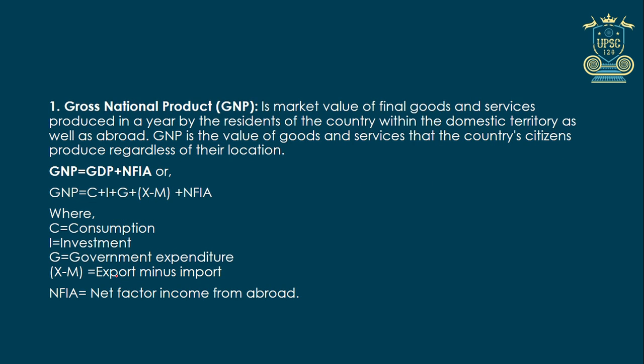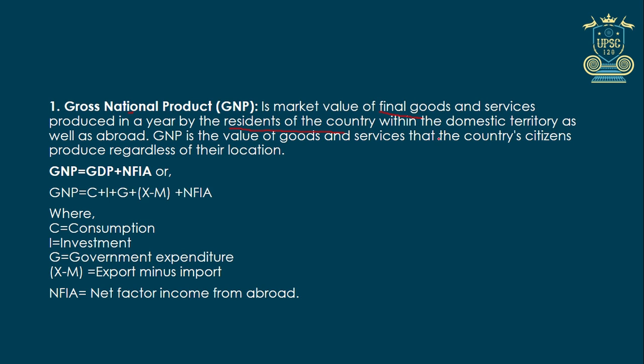Now next is gross national product. GNP, as I have mentioned earlier, the peculiar feature of GNP is that this is the market value of final goods and services produced in a year by residents of the country. Here the point is, it is the residents of the country, within the domestic territory as well as abroad.